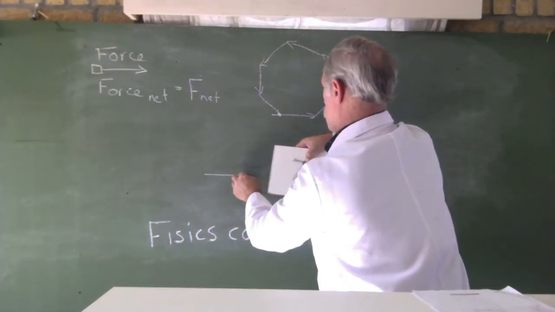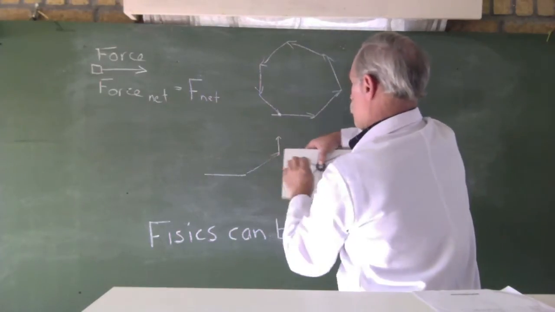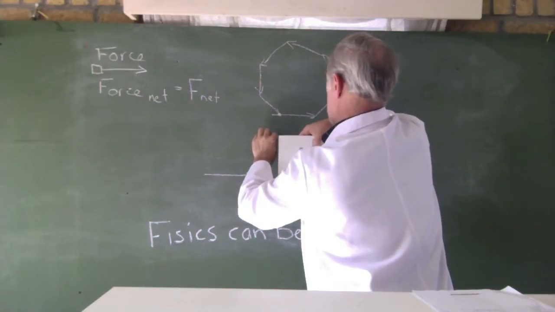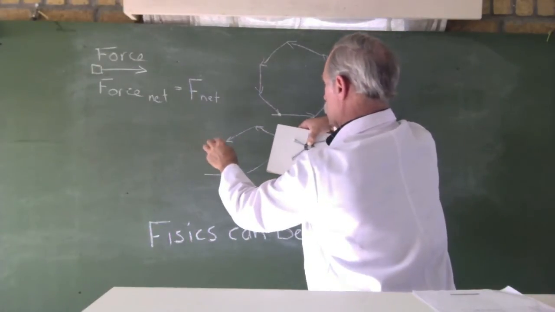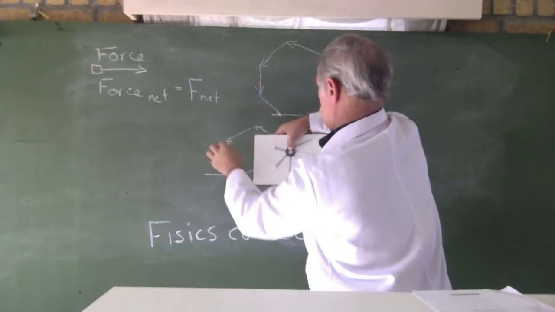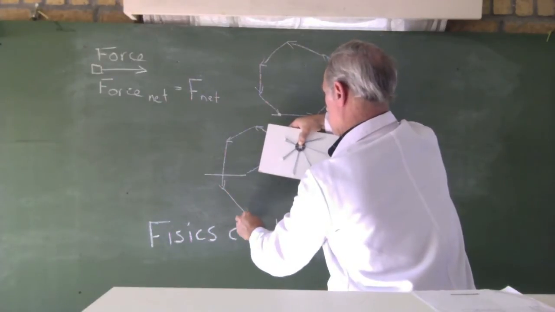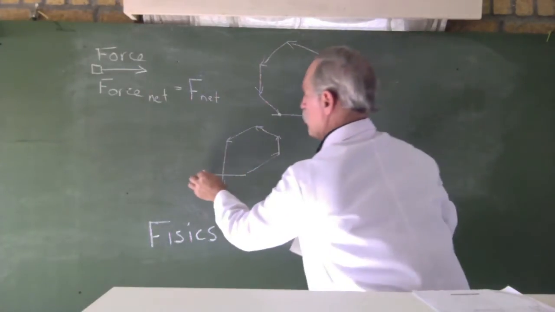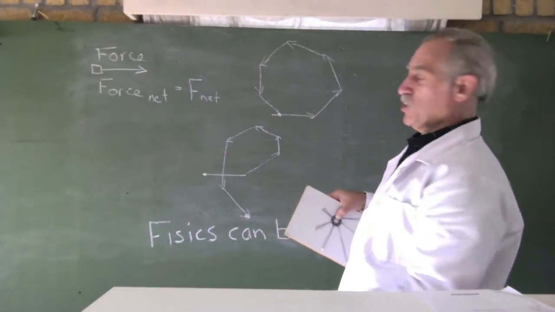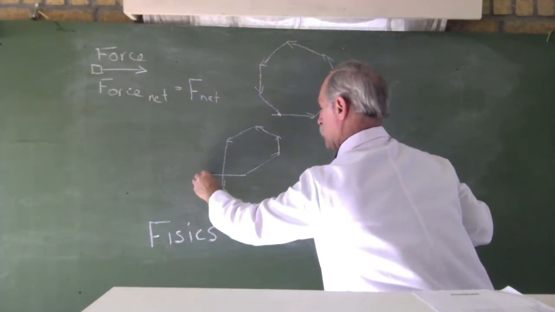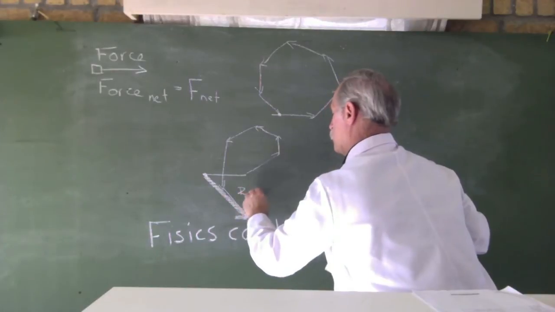Fairly long, add it to this one, in that direction, add it to a fairly short one up, fairly short one in that direction, this one getting quite long, this one getting even longer, and now we see that there is where we start, there is where we end, and our resultant vector would be this vector here. That would be our resultant.